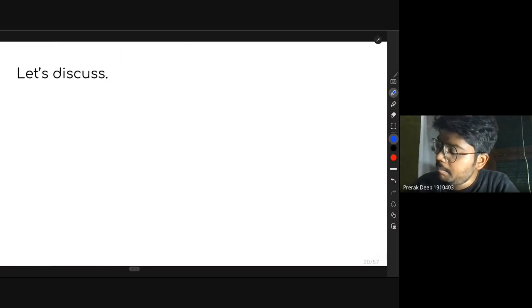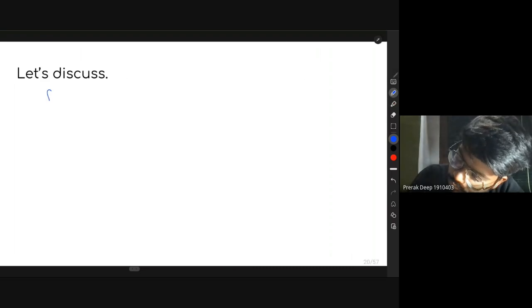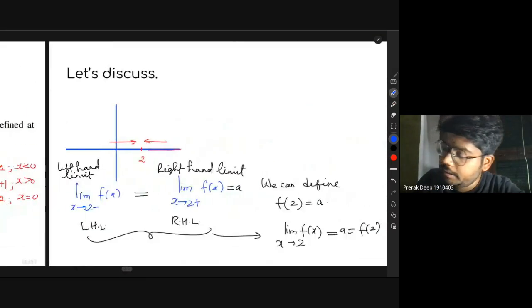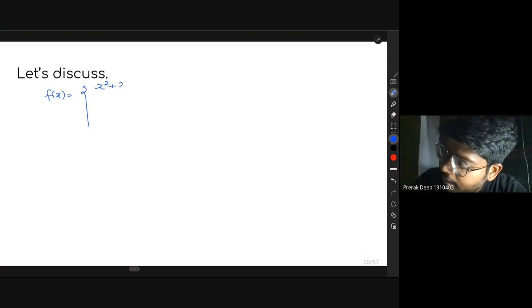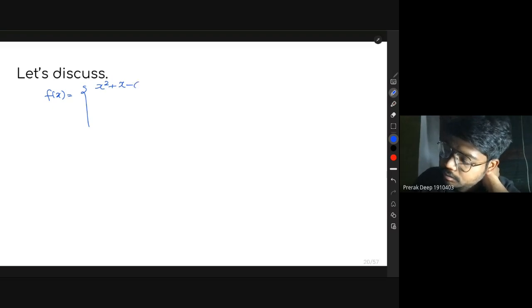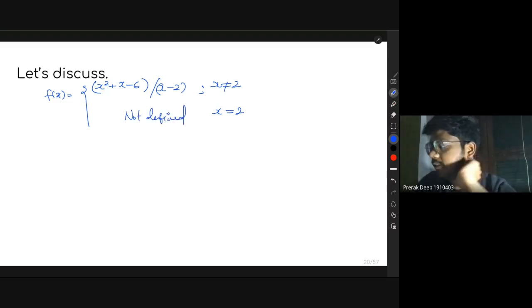So let's come back to the function given. f of x is given to be x square plus x minus 6 divided by x minus 2 for x not equal to 2, and at x equal to 2 it is not defined. So it has a natural discontinuity at x equal to 2.